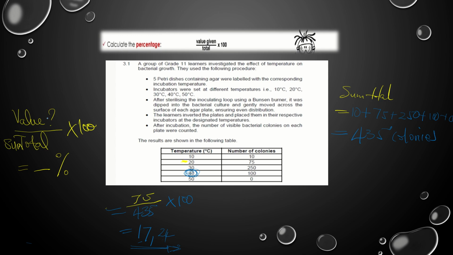Let's check. According to our formula, what is the value in question? We are questioning 40 degrees Celsius, so we have 100 divided by 435 multiplied by 100.